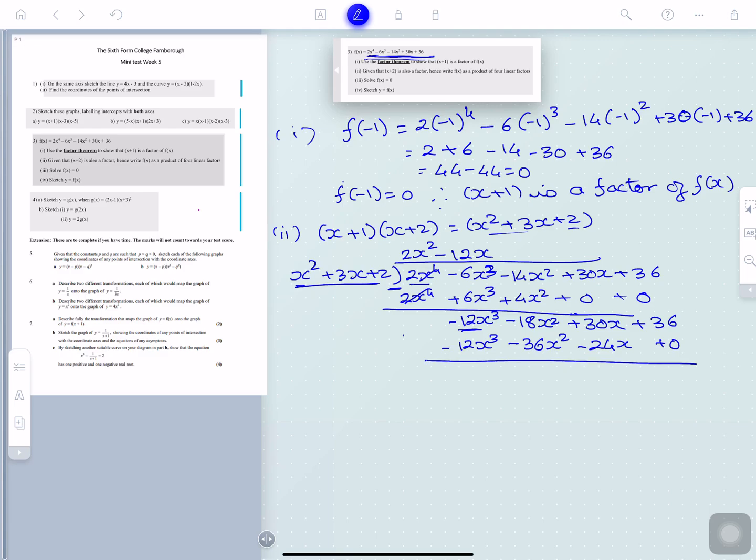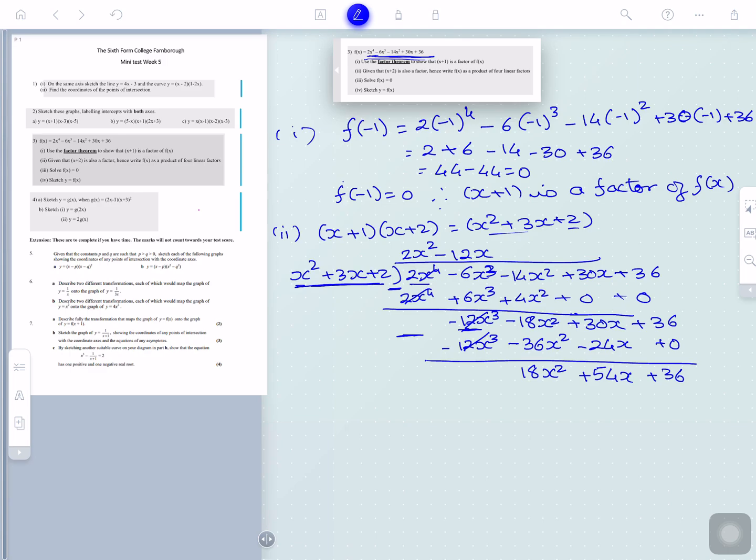And you take away. So that take away that is 0. That will be 18x squared, and that will be plus 54x, because 30 take away minus 24 is 54x, plus 36, and the remainder should be 0 because we know this is a factor of f of x.